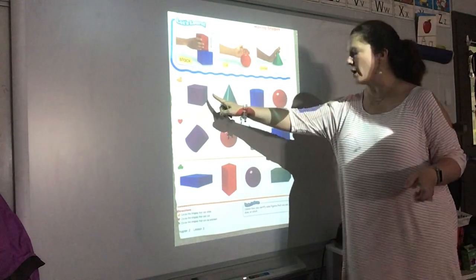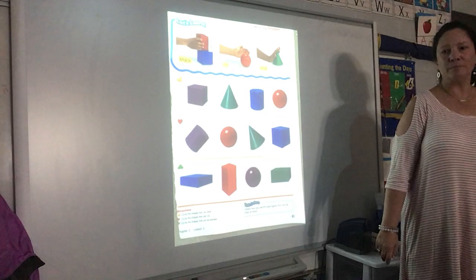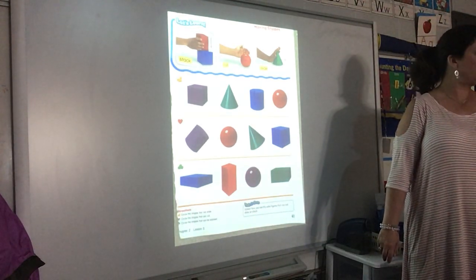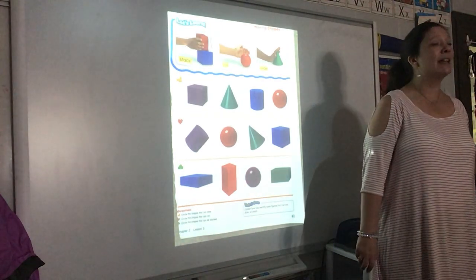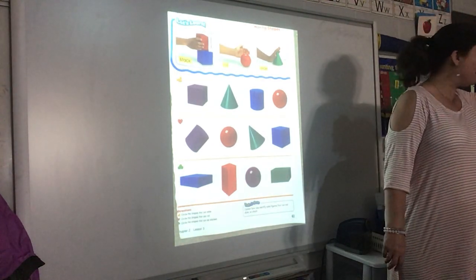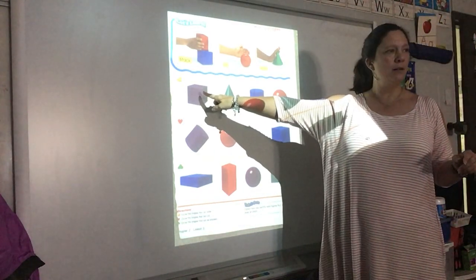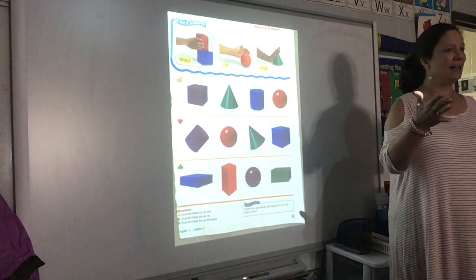So that's what we're going to look at today. Look at this first row with the ducky. We're going to circle the ones that can slide. Can this one slide? Let's think about it. Can a cube slide?